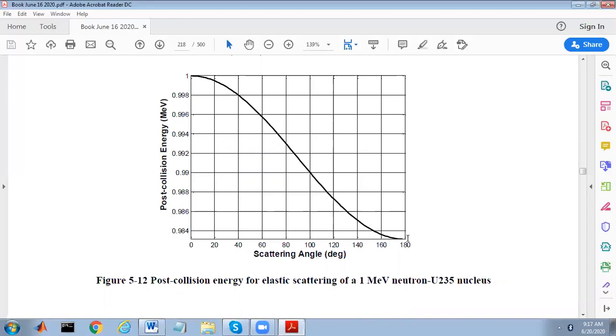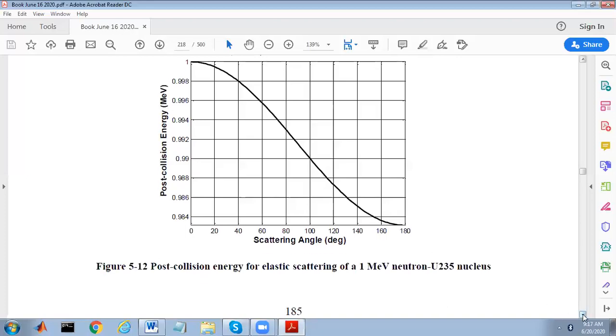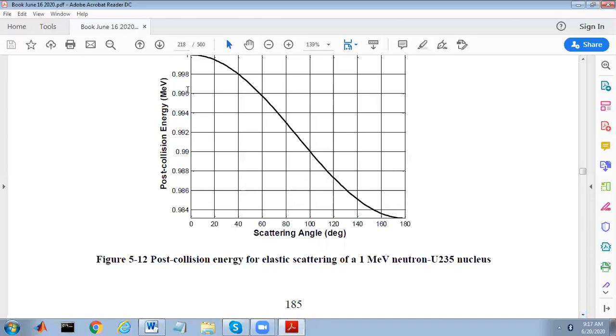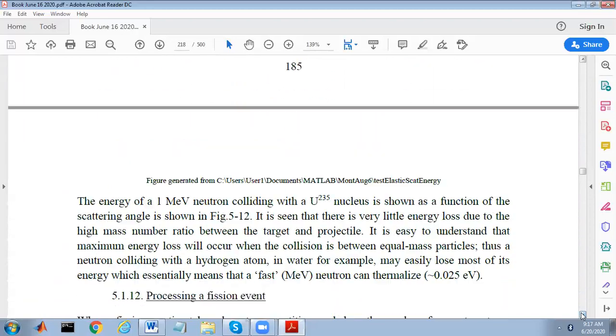So the maximum energy that can be transferred is in the backward case, in which case the neutron is left with the least energy. So alpha is (234 divided by 236) squared, which is very close to 0.983 or something. So 98.3% of its energy is still with the neutron. Of course, in forward scattering, almost all of its energy is with it. So this is how you process scattering.